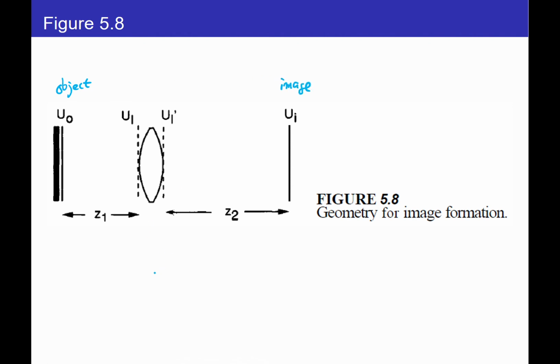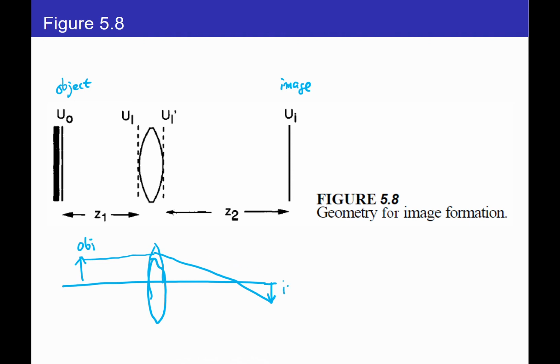You have done this before, a long time ago, when you were in high school or freshman year. Depending upon the object, you get an image something like this. So this is geometrical optics, and this is our Fourier optics.